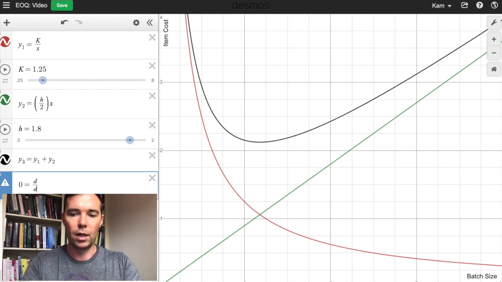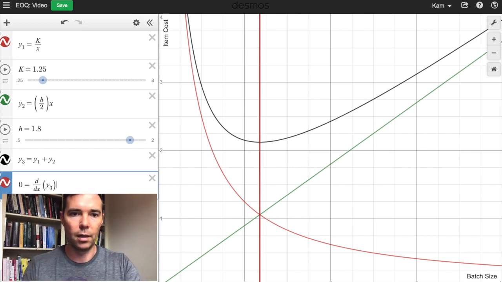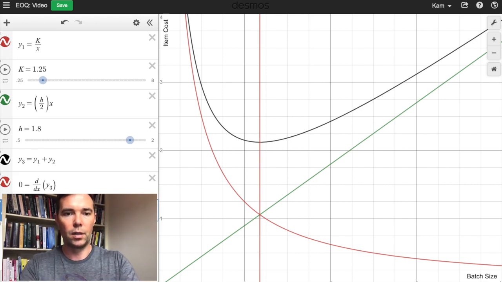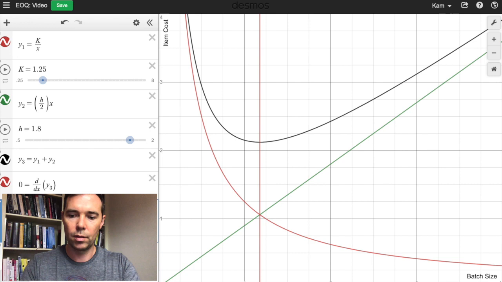We can find the derivative of y3. And we can even put an optimal marker, which is going to be the square root of 2K over h. And let's just put it on the x-axis. We can mark a label, call it optimal.